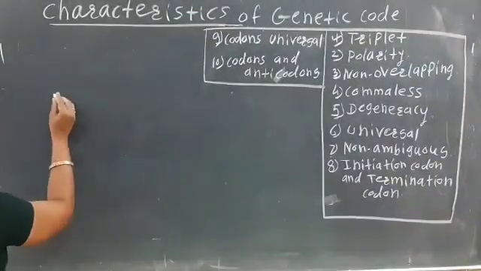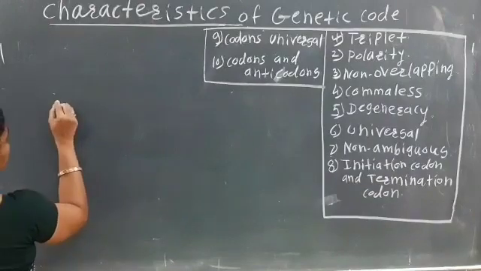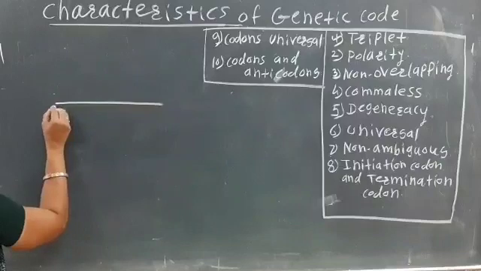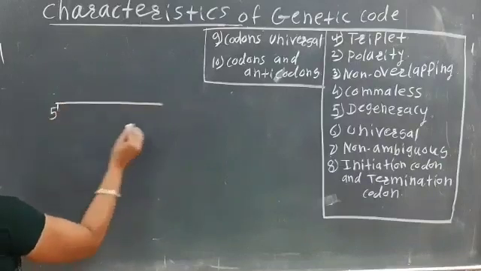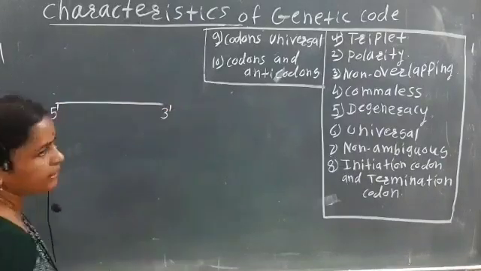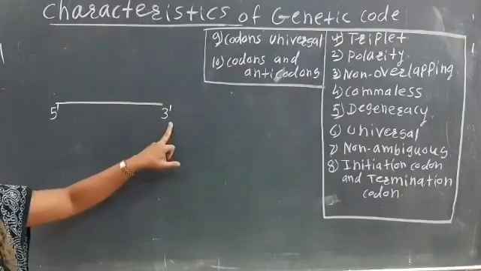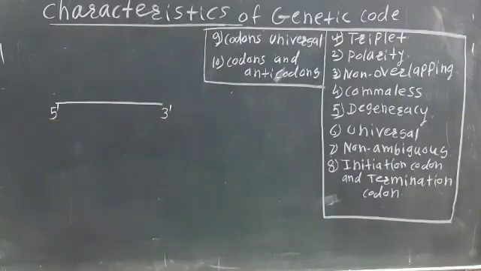So if we see the mRNA, here is the 5' end and here is the 3' end. The genetic code is read from the 5' end to the 3' end, and 3 successive nitrogen bases form one codon.